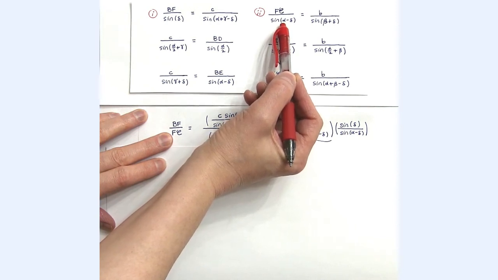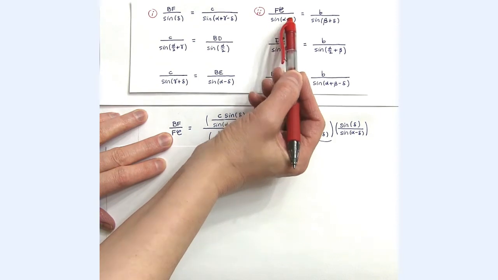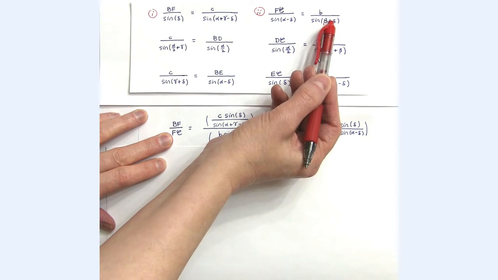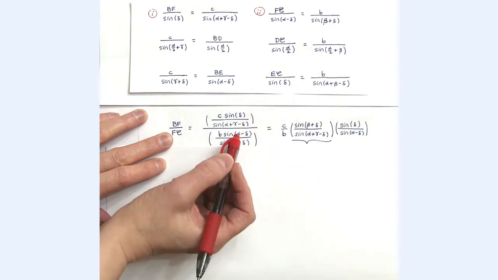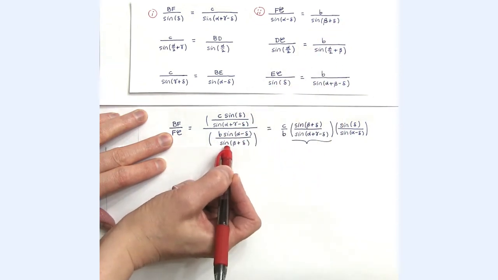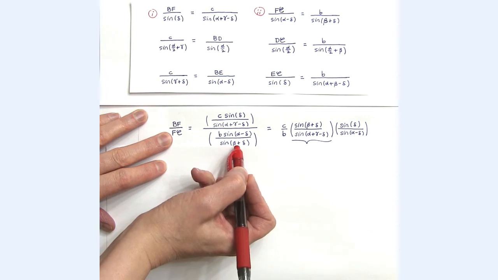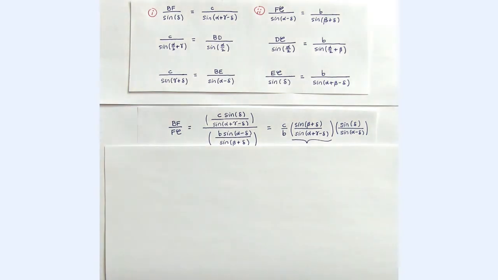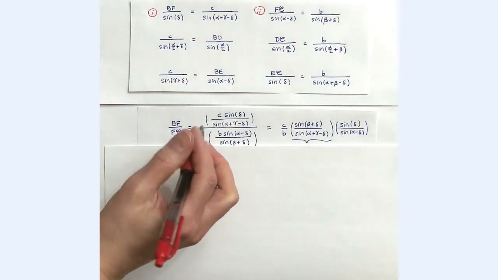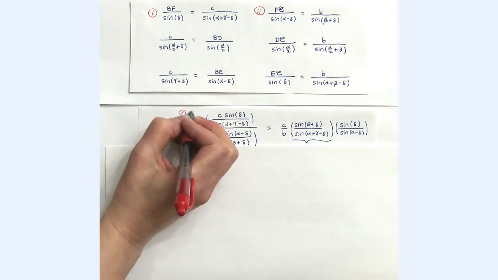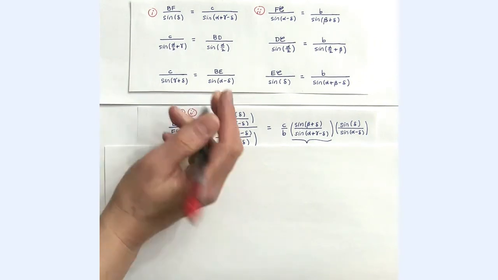And when I do that, I see that FC is B times the sine of alpha minus delta over the sine of beta plus delta, which is what I've written here in the denominator for FC. And so this equation I got from using equations number 1 and number 2 in my law of sines.